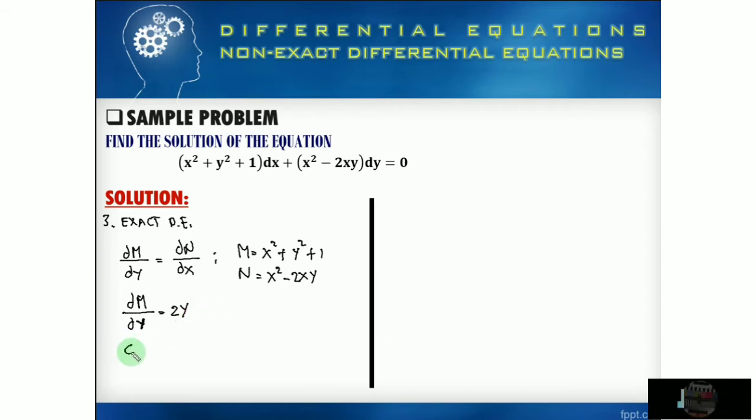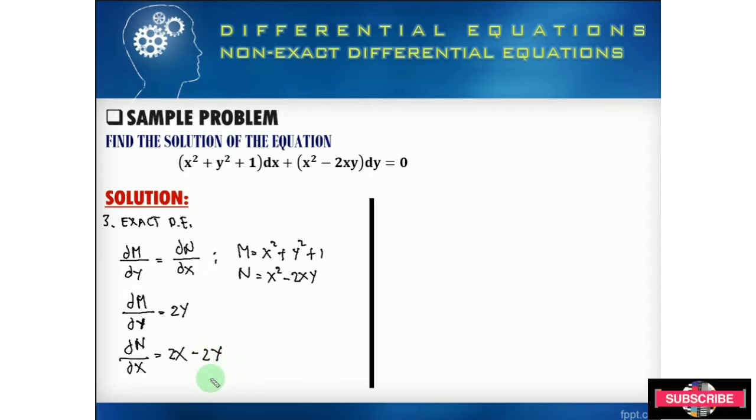How about our partial derivative of N with respect to x, where x is the variable. From here, x squared, so we can say that this is 2x, and in 2xy, our variable is x, so minus 2y.